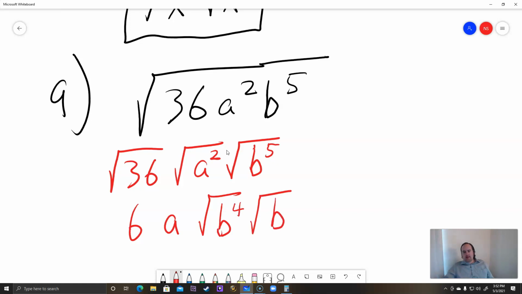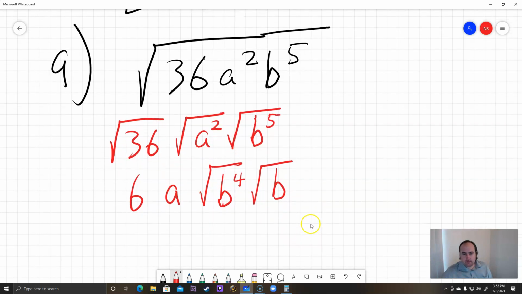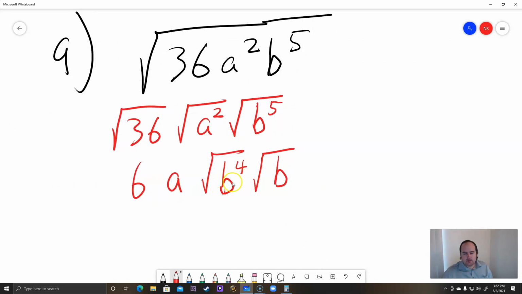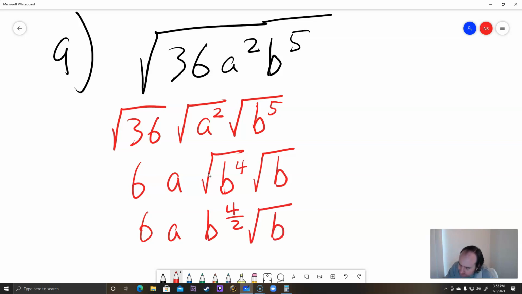The reason we're doing that is because we need to divide the exponent by 2. Here, for the square root of b to the 4th, we divide that exponent by 2, so we get b to the 4 over 2, which is 2. So we have 6a b to the 4 over 2 times root b.